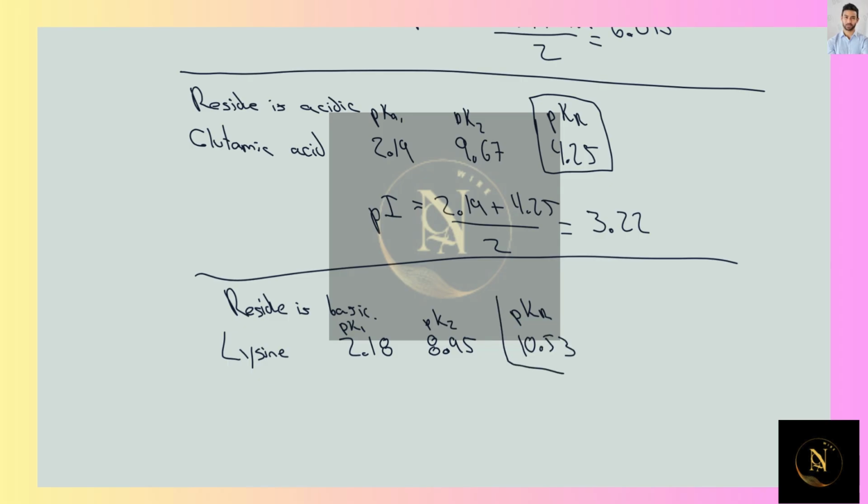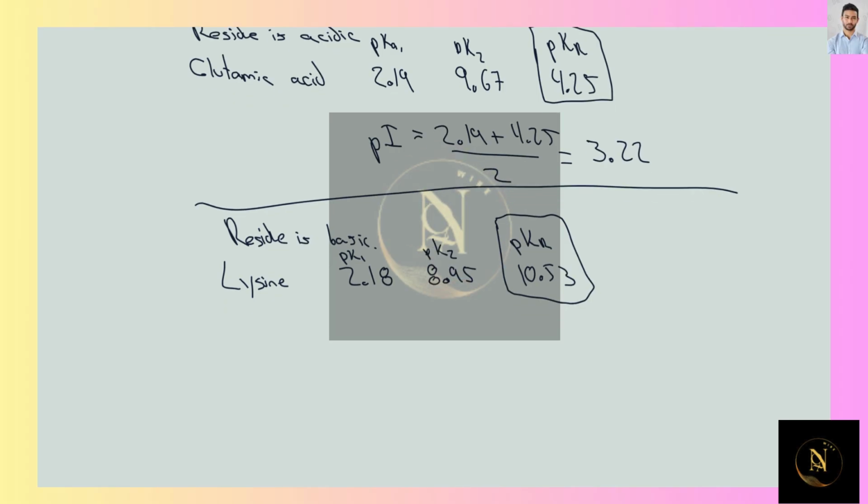In this case, as you can see, the pK of the residue is larger than 7. That means we have a basic residue without even having to look at the structure. And the isoelectric point would be equal to 8.95 plus 10.53 divided by 2, taking the average of the two highest pKa's, which gives 9.74.